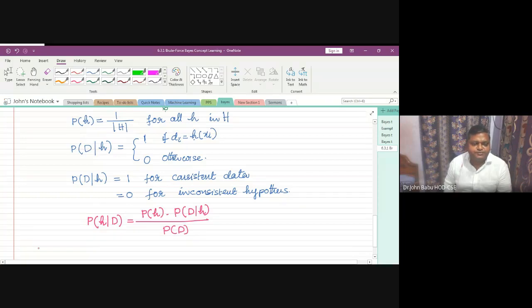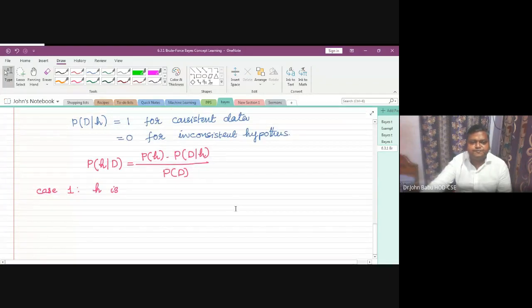Now case 1, the inconsistent data. Case 1, h is inconsistent with training data d.